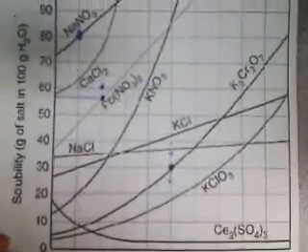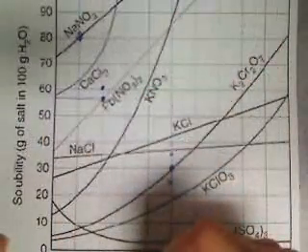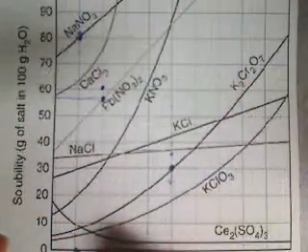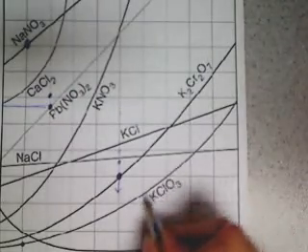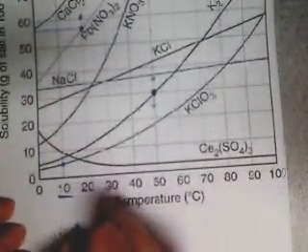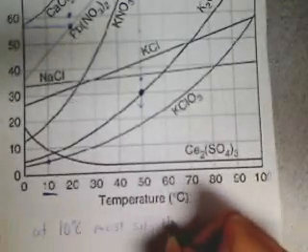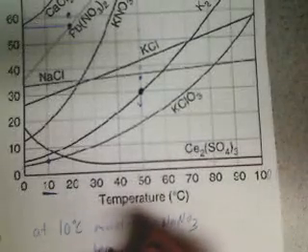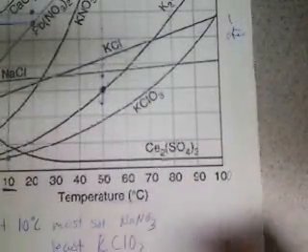That one is the most soluble, and we can have 80 grams of sodium nitrate. Everybody else has less. Now, at 10 degrees C, which one is the least soluble? Well, the first one we hit is potassium chlorate. So at 10 degrees, most soluble is going to be NaNO3 because it can hold the most, and the least is going to be potassium chlorate.